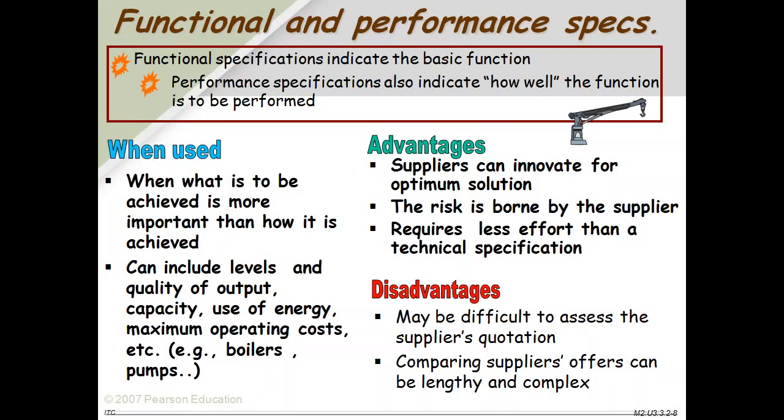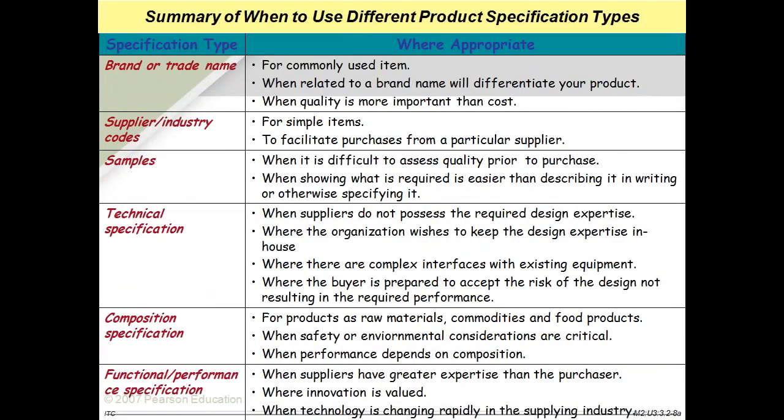But when they start manufacturing, you doubt whether this supplier can really meet the requirement, because for the supplier a minor deviation is not a major deviation, but for you it's a major thing. That is the difficulty. Comparing suppliers' offers can also be lengthy, because with such complexity it takes time. So this gives the whole tabular form: where to use brand, where to use industry codes, where to use samples, where to use technical specs, composition, and lastly functional specs.